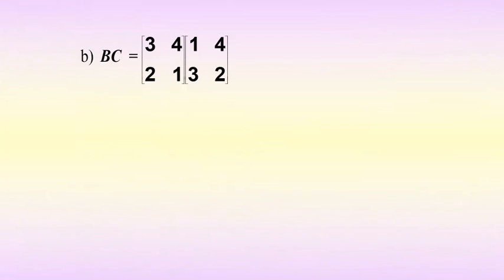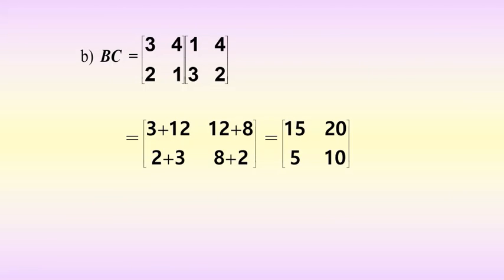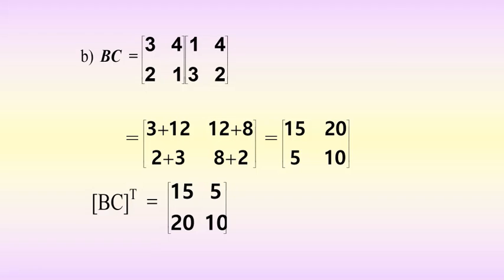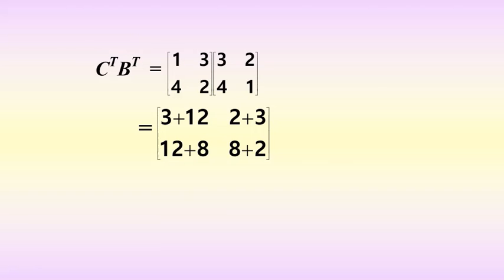Next, B multiplication first. B times C. By multiplying these two matrices, we get 15, 20, 5, and 10. Then the transposition, so it becomes 15, 5, 20, and 10. Then the right hand side, the multiplication between C transpose and B transpose.